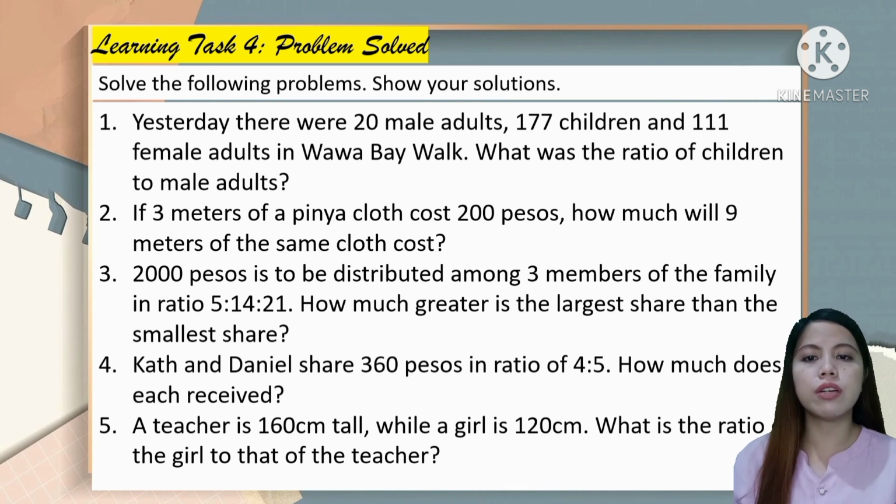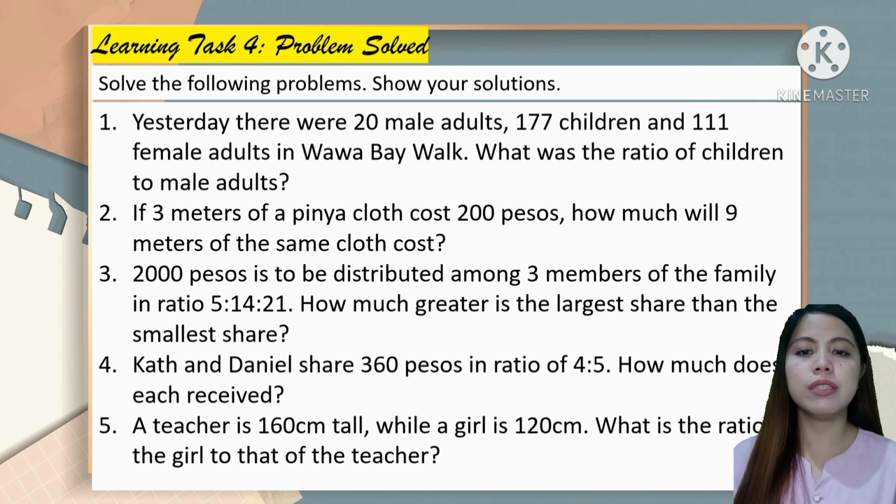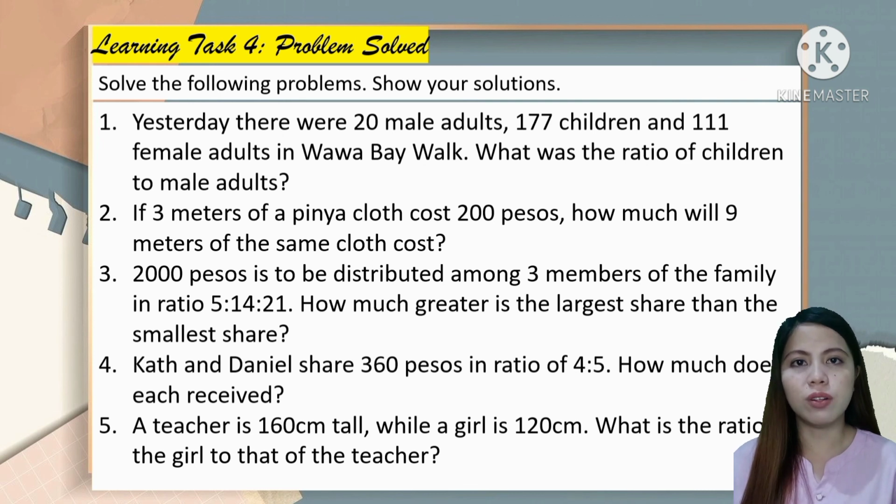The instruction here is, solve the following problems, show your solution. The first problem is, yesterday, there were 20 male adults, 177 children, and 111 female adults in Wawa Baywalk. What was the ratio of children to male adults? Number 2.